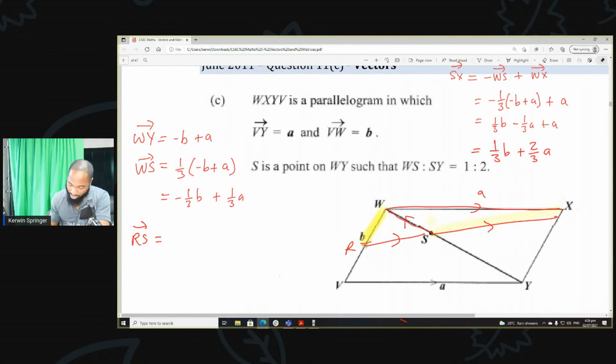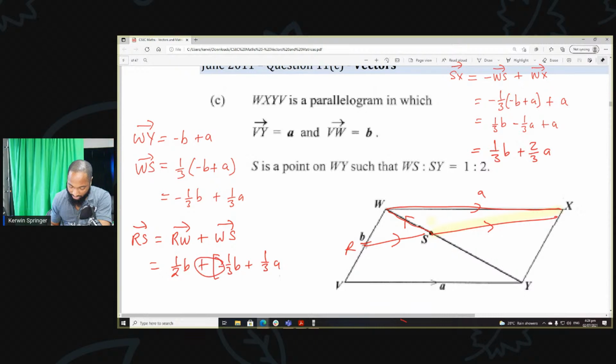So RS is R to W, then W to S, which we know. We know both of them. R to W is a half of B, and W to S is this one, which is negative 1/3 B plus 1/3 A.